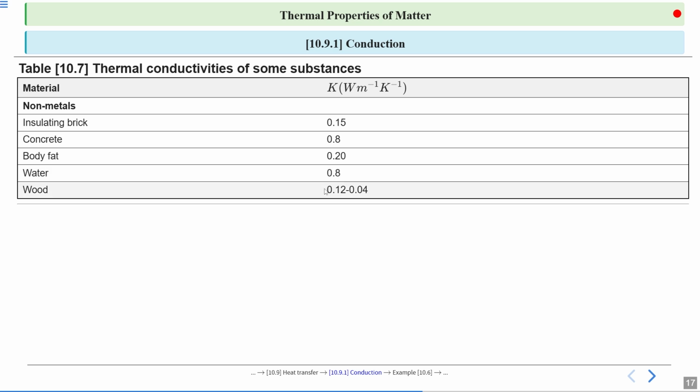And wood, 0.12 to 0.04. So this is the range of thermal conductivity of wood. So we can say in non-metals the high thermal conductivity is insulating brick and low thermal conductivity is wood.